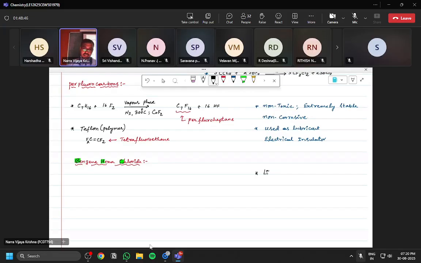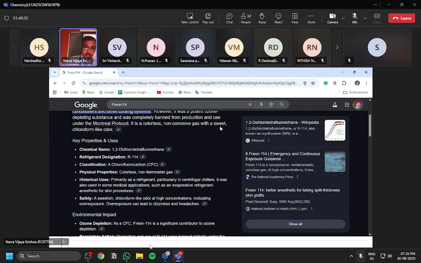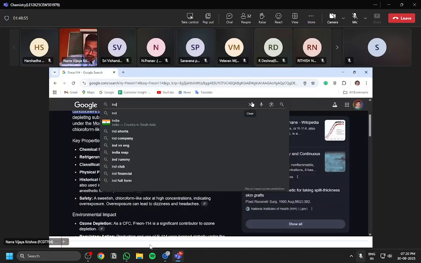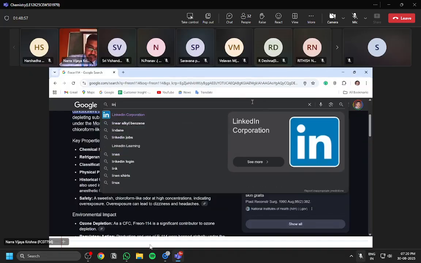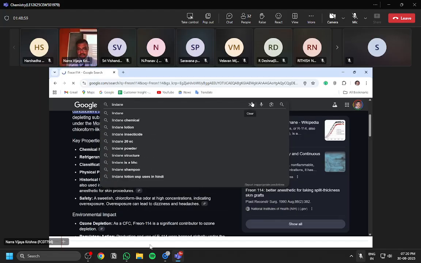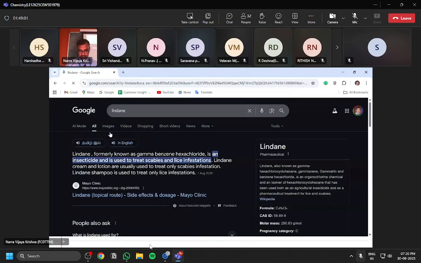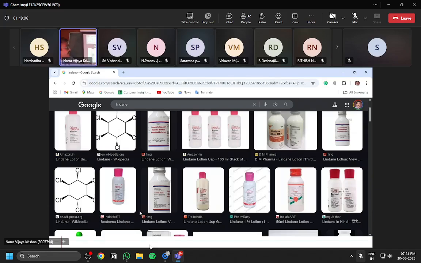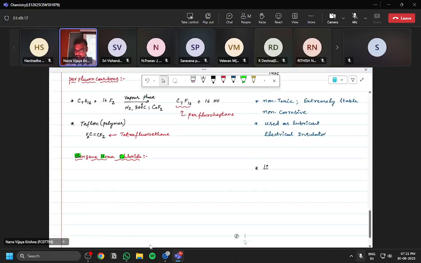Of course, lindane is an isomer of it. This is lindane, right? Isomer of it. In order to kill that mice, huh? What we call it as lice, huh? Lice, not mice. Okay. So this is lindane.